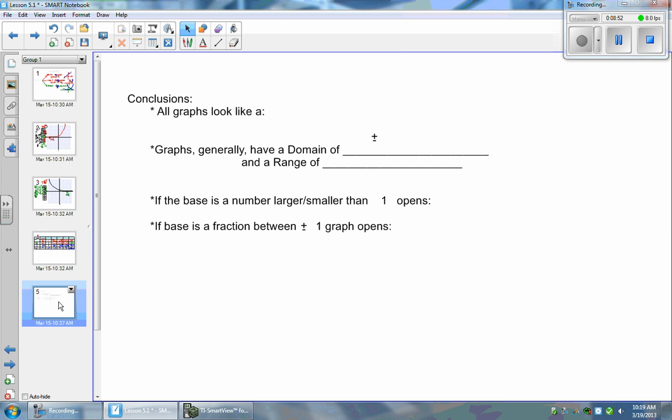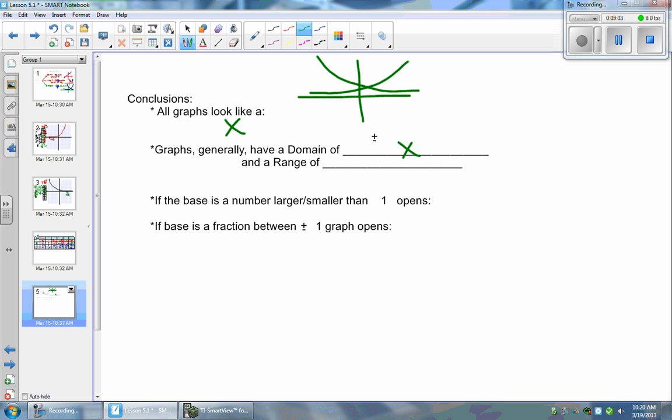So let's just do a quick summary of everything. All of these graphs look like a curve going this way or like this way. Graphs generally have a domain of x is an element of R, and a range of y greater than 0. If the base is a number larger or smaller than 1, what happens?